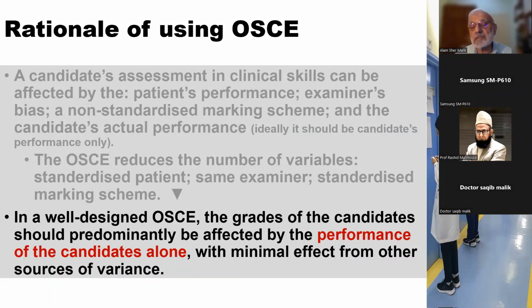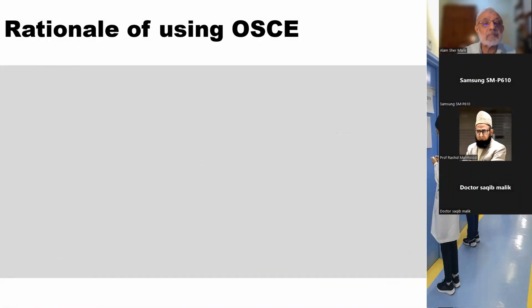And this is the real strength of OSCE, that it minimizes the effects of other variances, and the score is more or less reflecting the actual performance of the candidate.